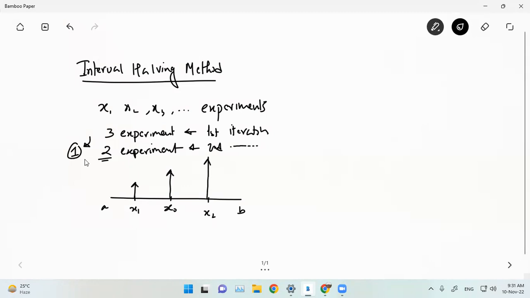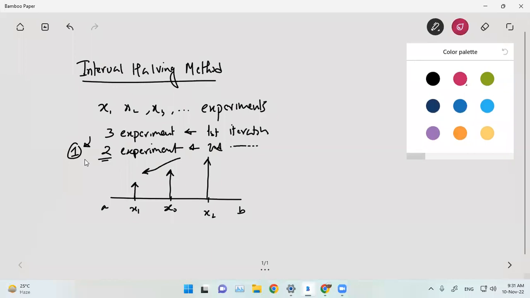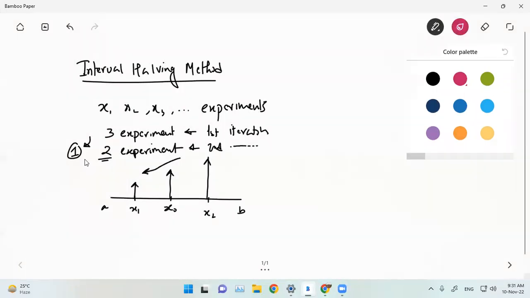Since it is a unimodal function, only one minimum is possible. As you can see here, the minimization is occurring in this direction. So you can exactly discard half of it. Half of the portion will be discarded.